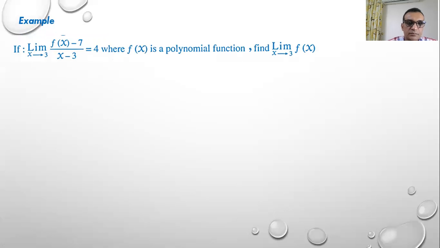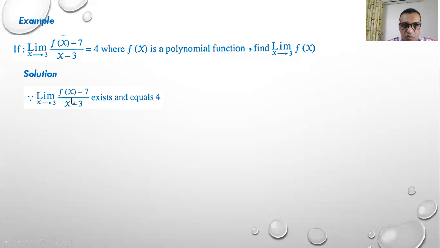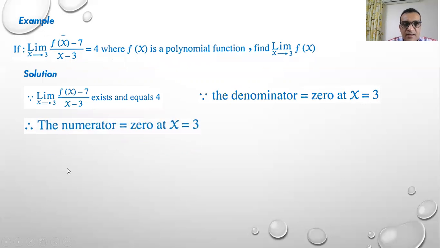Example. Very important example. If the limit of f of x minus 7 over x minus 3 when x approaches 3 equal 4, where f of x is a polynomial function, find the limit of f of x. Solution. Since the limit of f of x minus 7 over x minus 3 when x approaches 3 exists and equals 4, that means the numerator equals 0 at x equal 3.